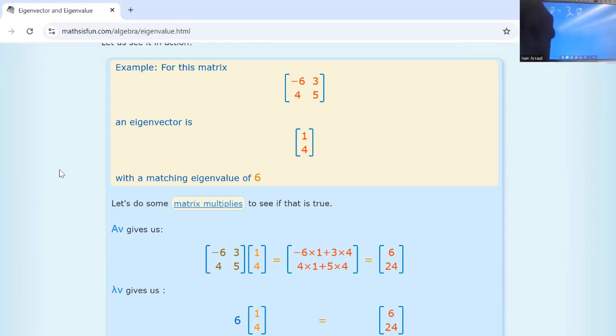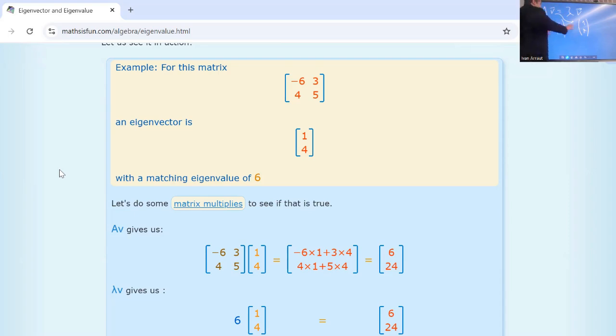So in this case, the matrix A is -6, 3, 4, 5. The vector is 1, 4. Normally in problems you have to find the eigenvectors. In this problem, they are giving you the eigenvector, but we'll learn how to calculate them.